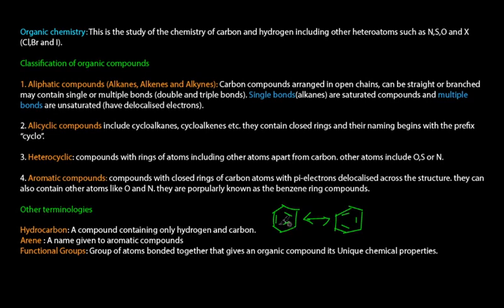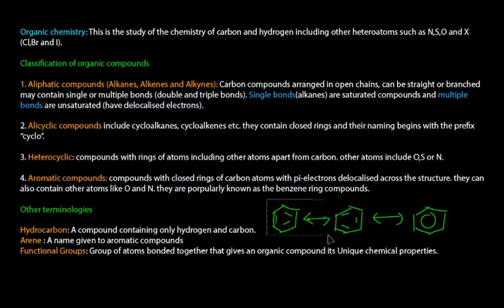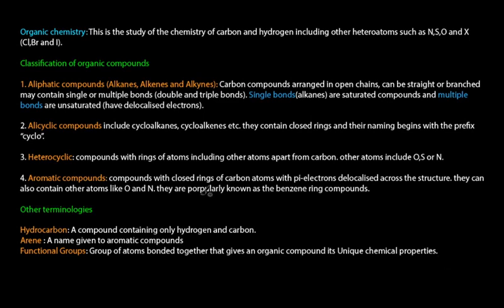This way of rotating is to stabilize the ring. Because the electrons are delocalized, they are not fixed, they are just moving around. So we draw a resonance structure like this, and then we put a circle inside to show that the electrons are actually moving within the ring. So yes, this is a typical example of an aromatic compound.